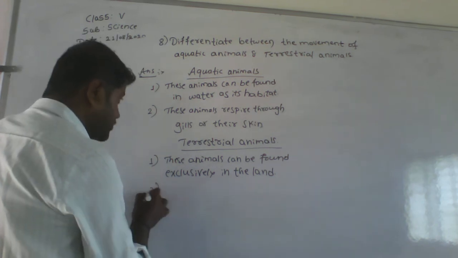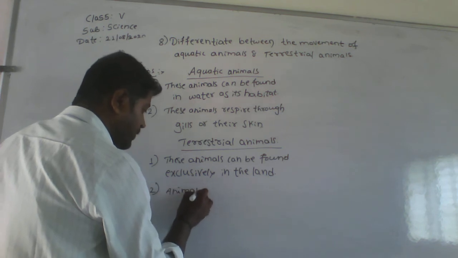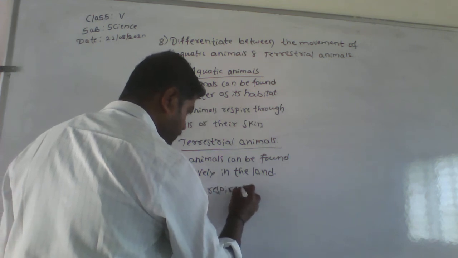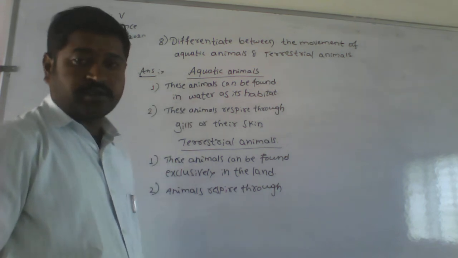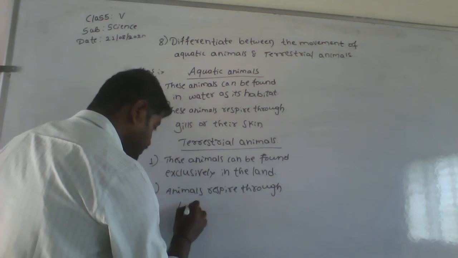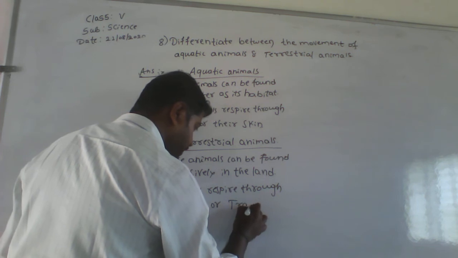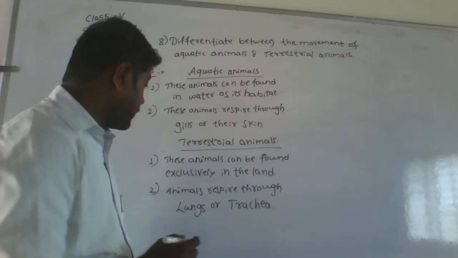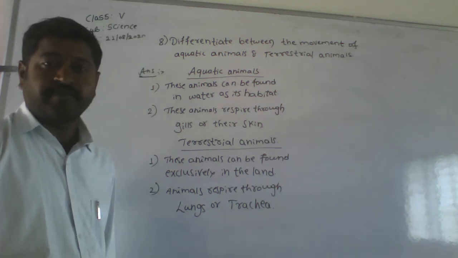Then second point in this, animals respire through. How are the animals which are on the land going to respire? It is through lungs or trachea. Is this clear? The animals are going to respire through their lungs or trachea. Alright.